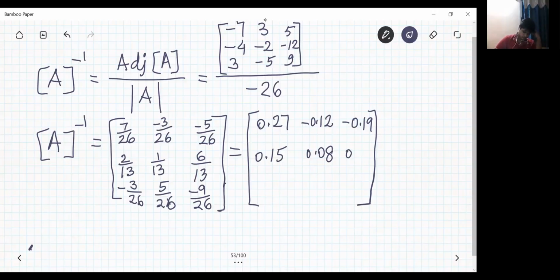So 0.46, then minus 0.12, then 0.19, then minus 0.34. 0.35 we can take, because 0.346 is there.